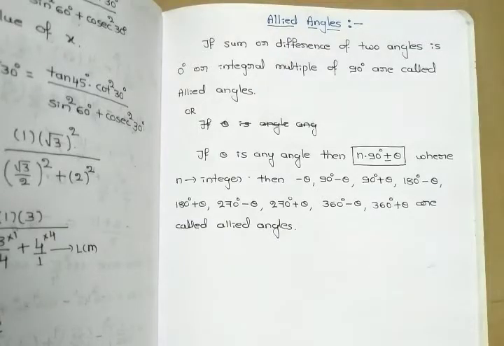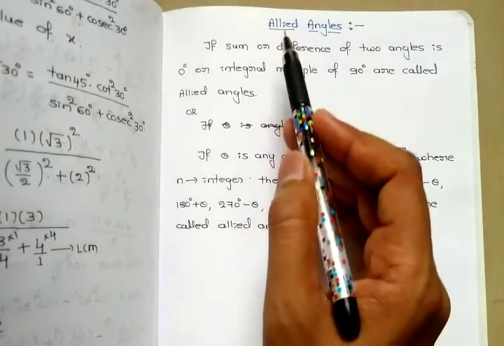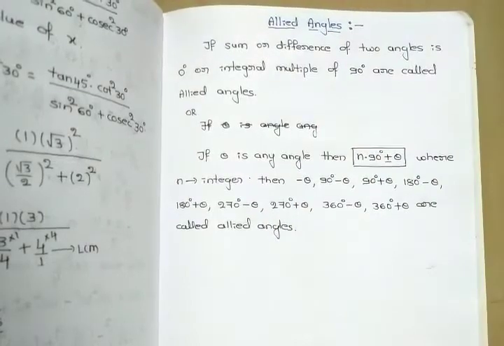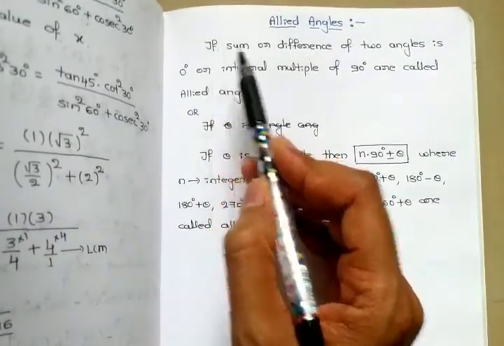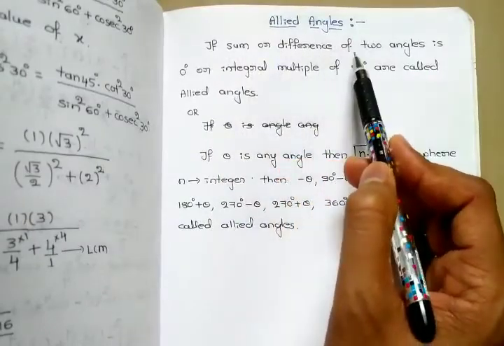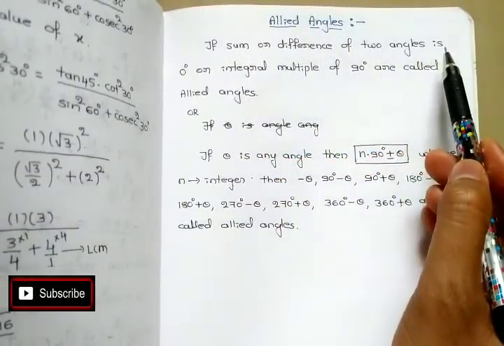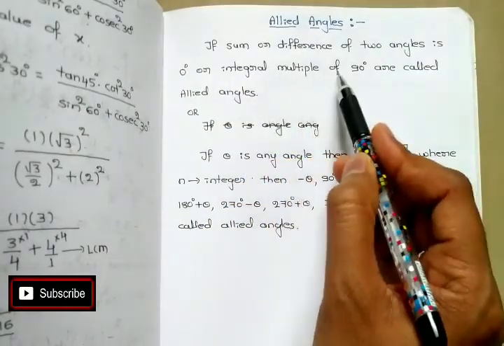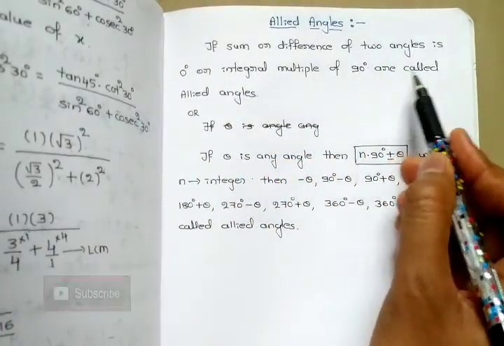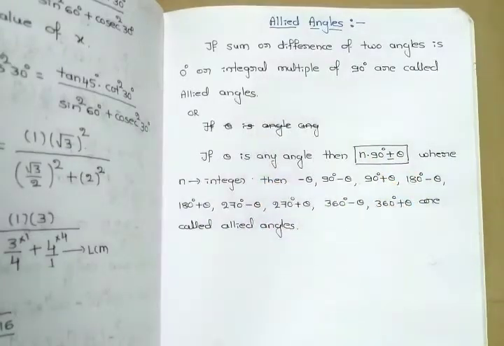Hello everyone, in this video we will see allied angles. See the definition first. If the sum or difference of two angles is 0 degree or an integral multiple of 90 degree, they are called allied angles.